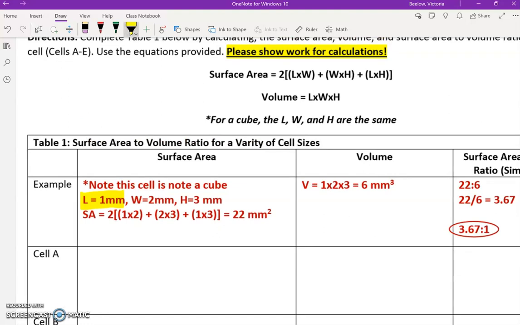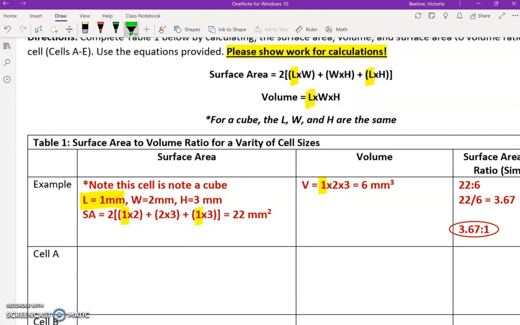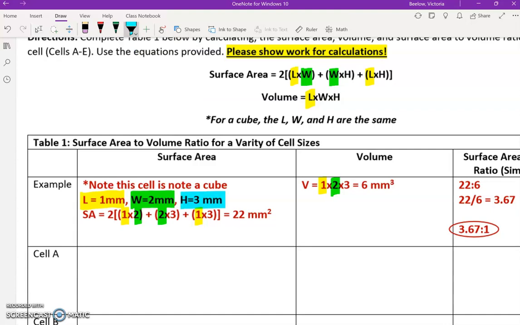You're going to plug that in to the equation, okay? So you can see where I plugged in 1 here. And then you can also see where I plugged in the width, which is, for this example, 2. And then you can also see where I plugged in the height, which in this case is 3.